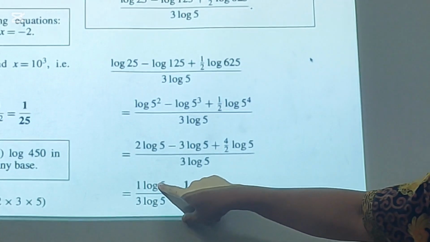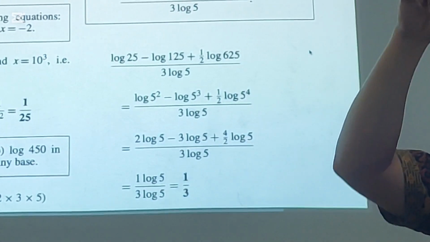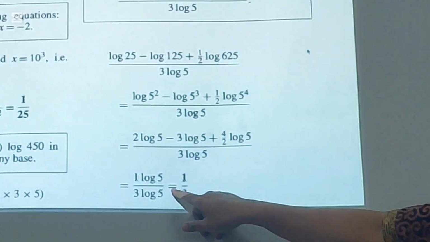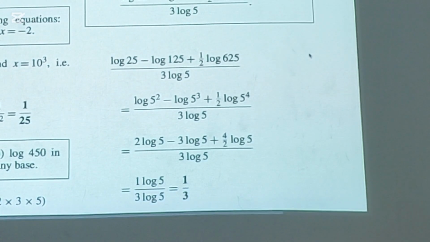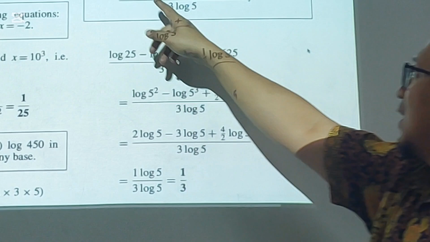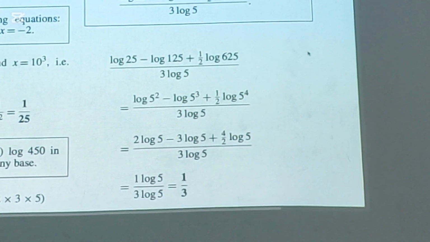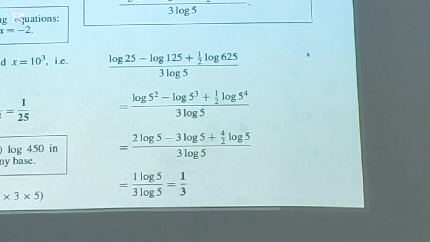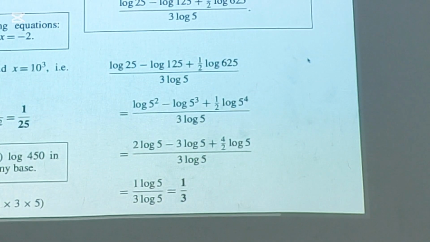Because this is log 5 and this is also log 5, you can simply remove it. So the answer is 1 per 3. So you have to change all of them into the basic shape or the smallest basic shape.